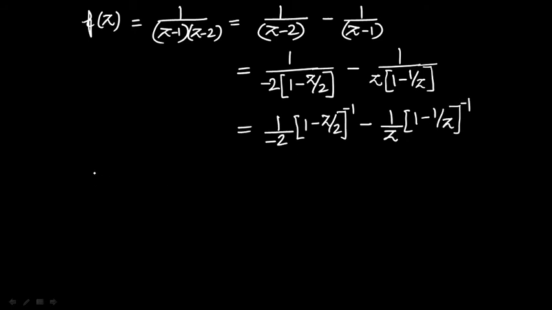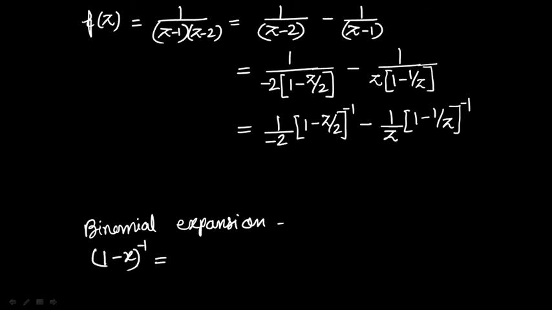We know the binomial expansion: 1 minus x to the power minus 1, its value is 1 plus x plus x square plus x cube and so on.